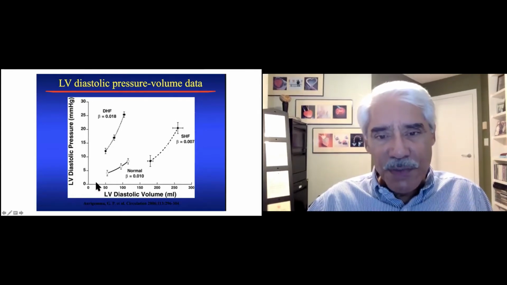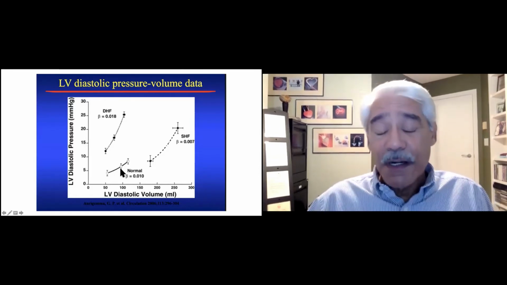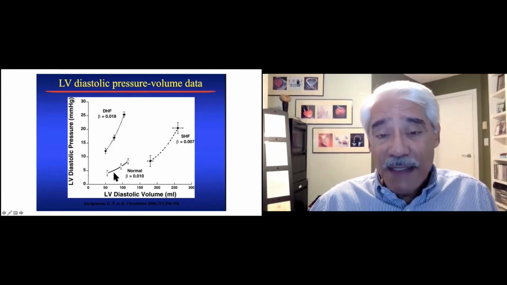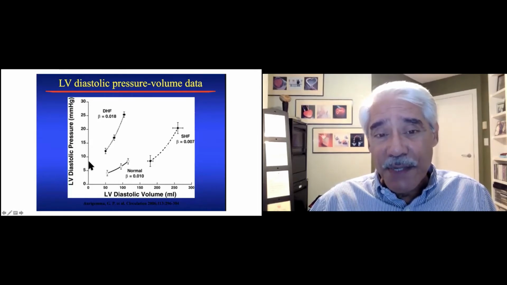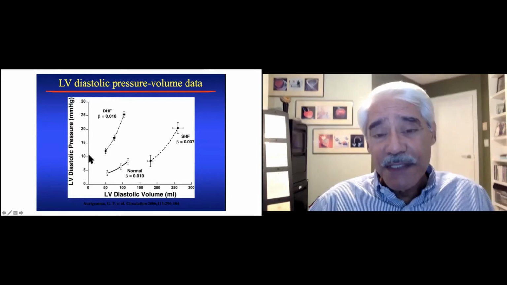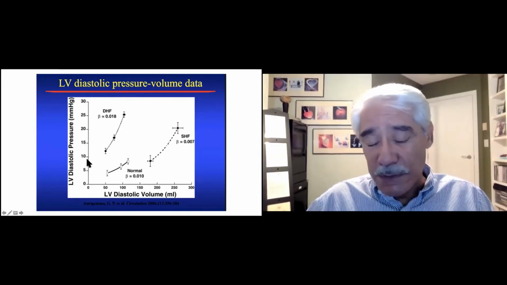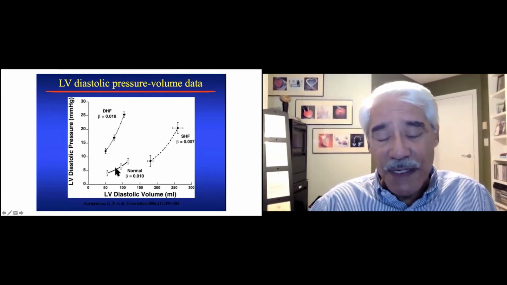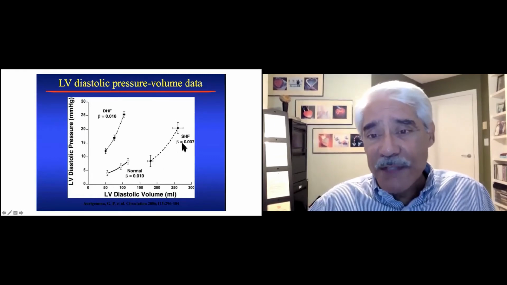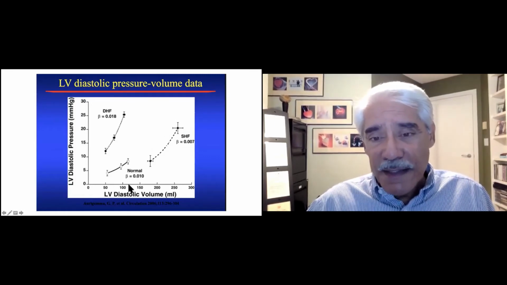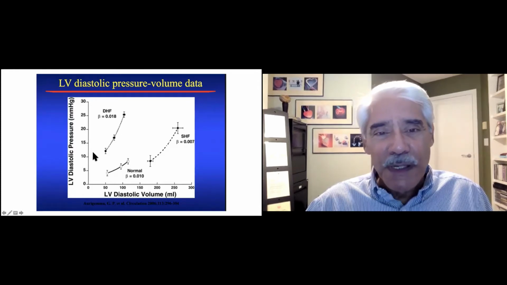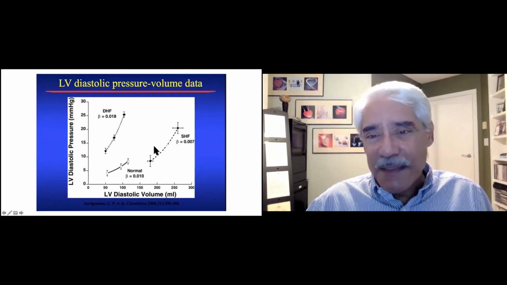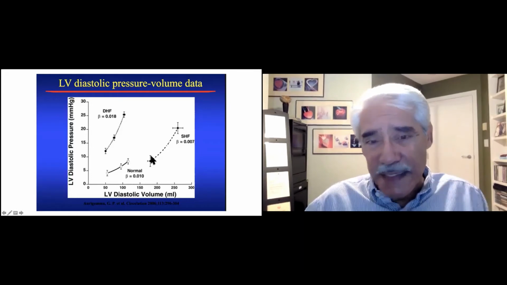In the normal situation, which is what Frank and Starling were trying to explain to us, as the left ventricular diastolic volume increases, there is an increase in pressure, which is somewhat proportional. So that's a pressure-volume relationship. But when you have systolic heart failure, that pressure-volume relationship has shifted way to the right, and it takes a large amount of left ventricular volume before the pressure goes up, and that's a mechanism where the left ventricle is dilated.